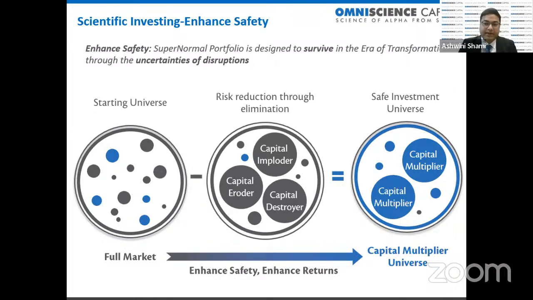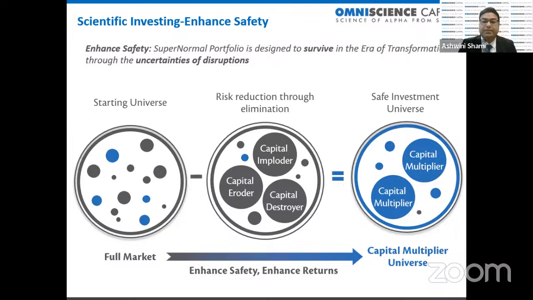But what we believe is that when you start from the full universe, let's say the top 1,000 or top 500 companies in India, there are various types of companies which create risks to your investment. Eliminating or mitigating those risk factors is how you enhance safety. Let's understand the concept broadly; we cannot go into details of how you really do it.